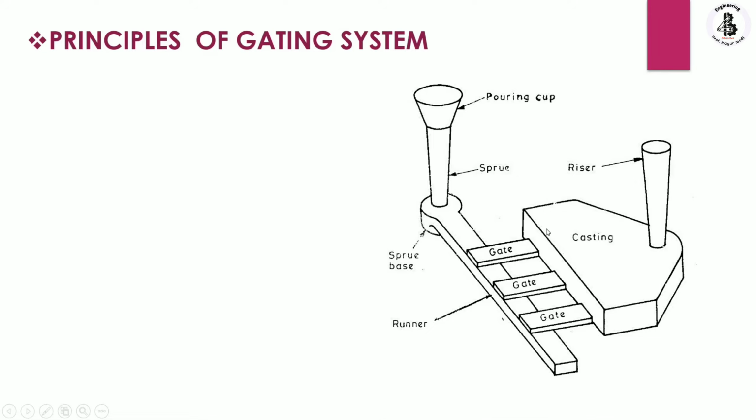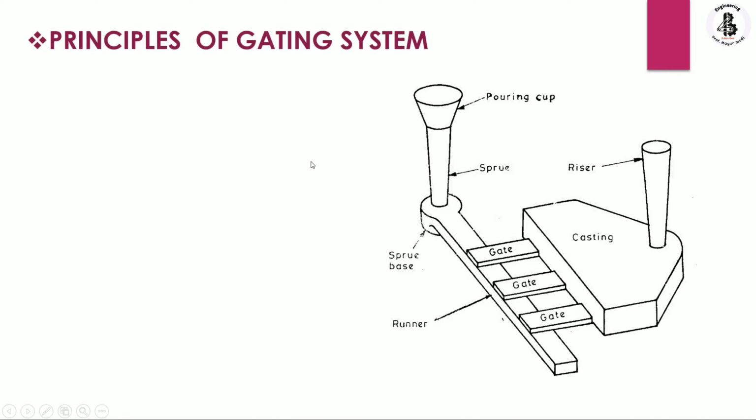Second, in the casting process, the molten metal is solidified, and while the metal is solidifying, it shrinks. Due to that shrinkage, additional metal is provided from the risers. That is the second function of the risers, and the risers also help in escaping the air present in the mold cavity, or you can say casting, before the molten metal enters.